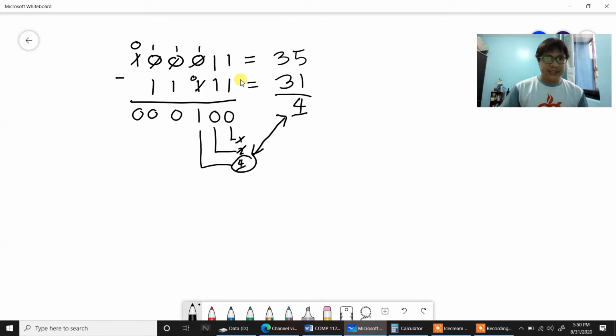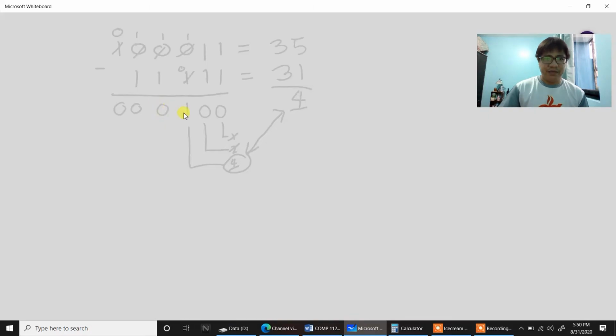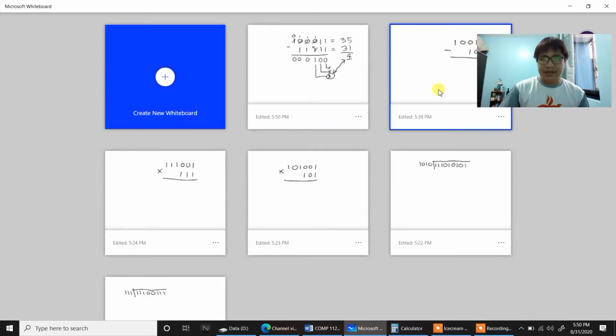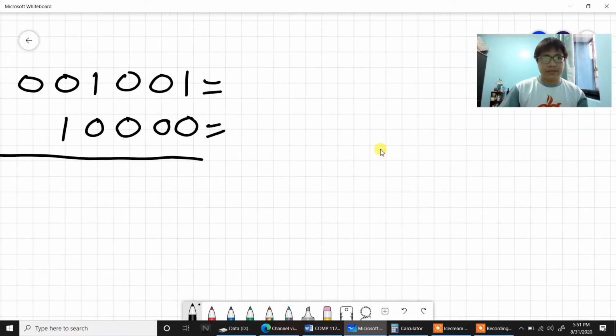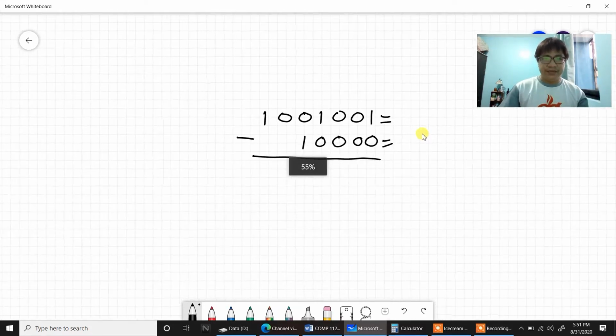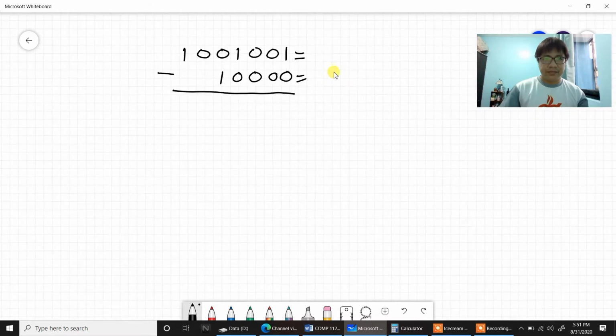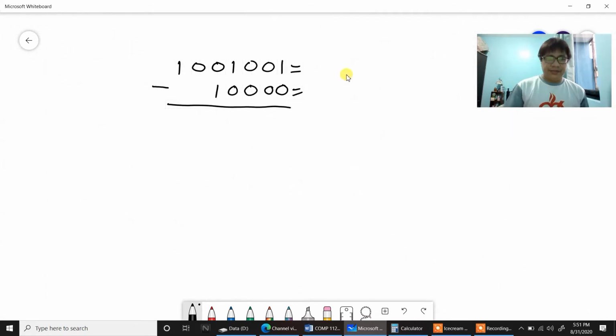Now let's try one last example before we proceed to multiplication. Same steps that we did on our previous example: we need to specify first the decimal value of these two sets of binary. So this is 1, 2, 4, 8, 16, 32, and 64.